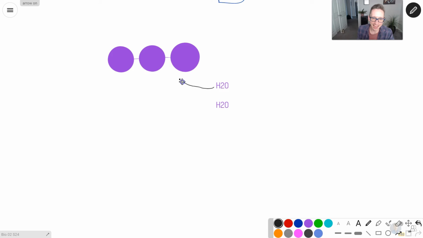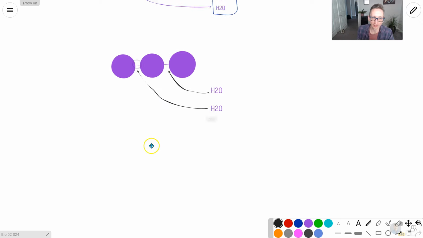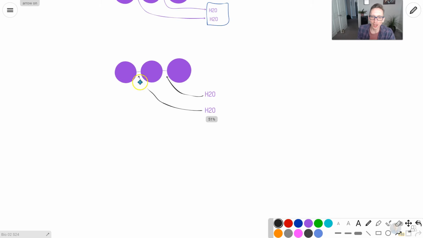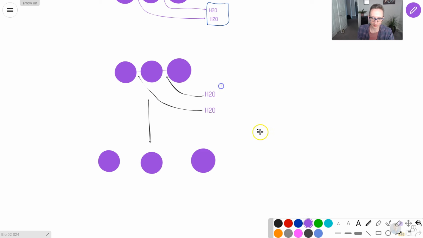And so now we're going to add water there and we're going to add water there. So we're going to cut this molecule. So these are no longer bound together. So we're going to cut the molecule with water.